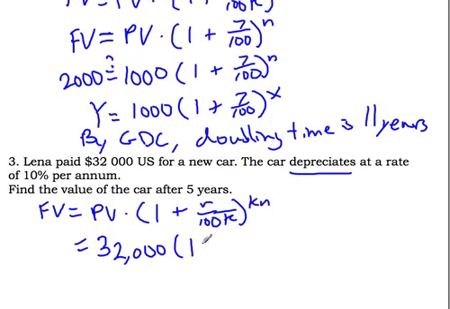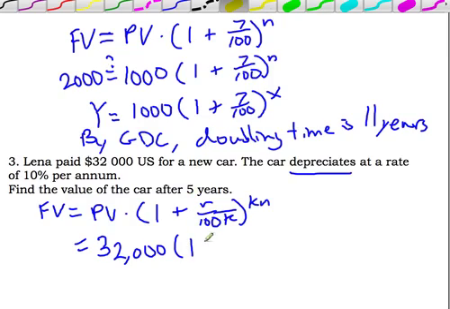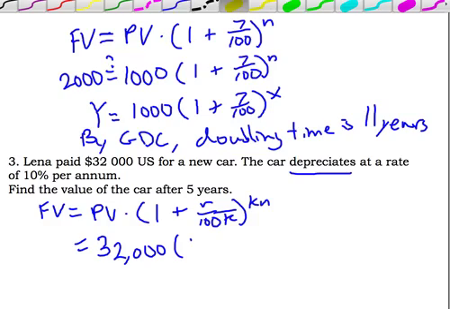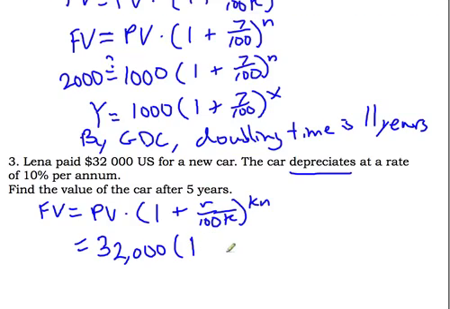Then we have 1 plus, actually in this case, this is depreciation. The rate of interest is negative 10%. So here instead of plus, we're going to have minus 10 out of 100 to the power of n, which is 5 in this case. Okay, so it's depreciation. You've got to subtract the rate of interest.